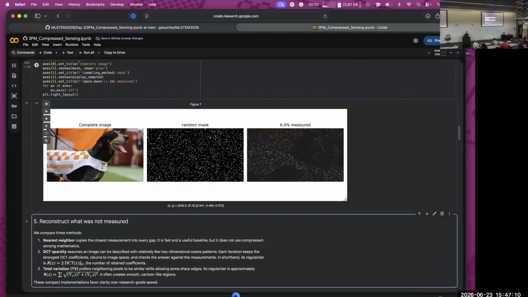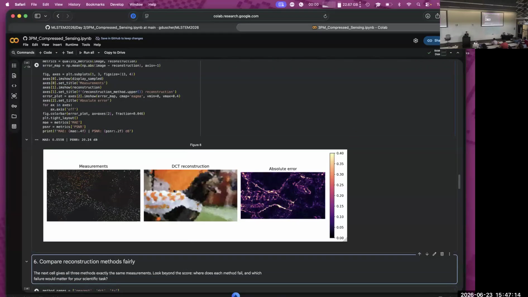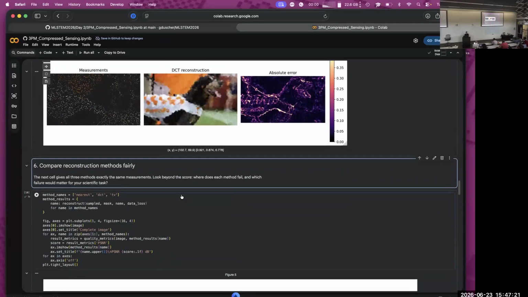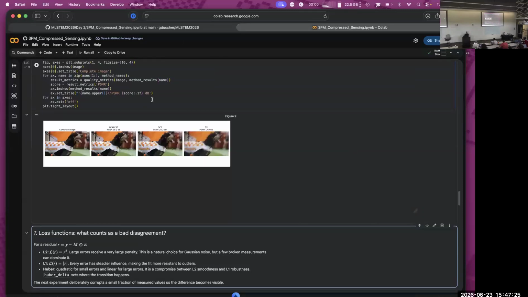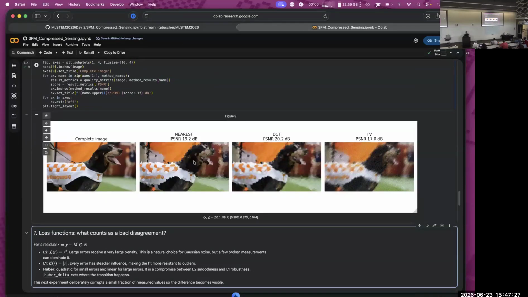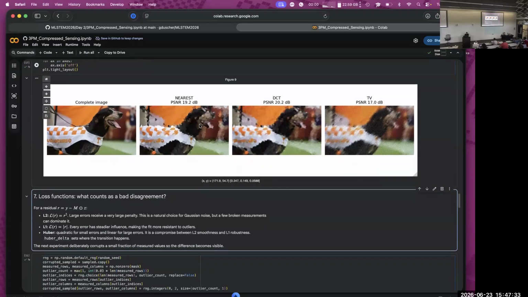Okay, that's how the new image looks. Higher absolute error, but still a decent looking reconstruction, actually. Nearest doesn't really look that bad here.